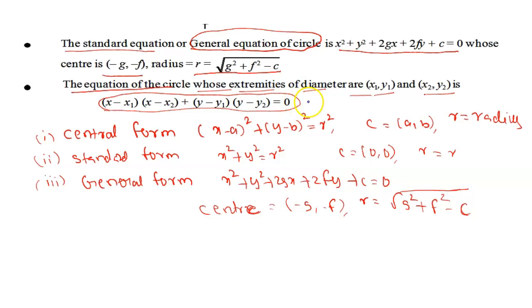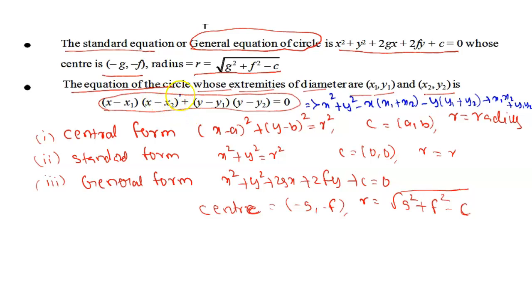This also we can write in general as x square plus y square minus x into (x1 plus x2) minus y into (y1 plus y2) plus x1 x2 plus y1 y2 is equal to 0. This is the formula.